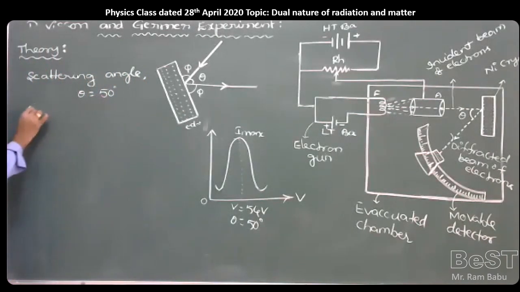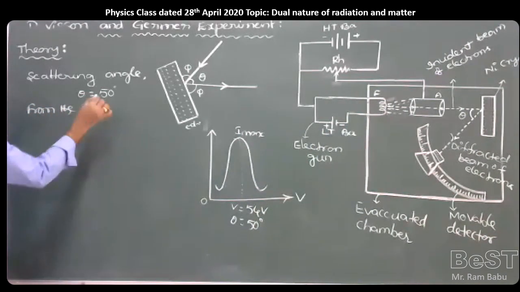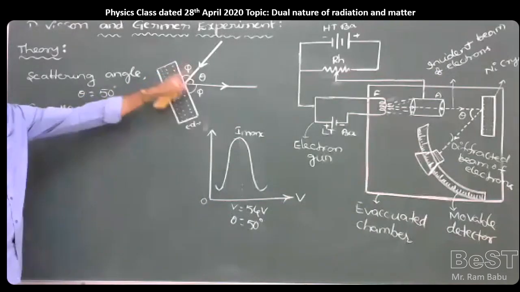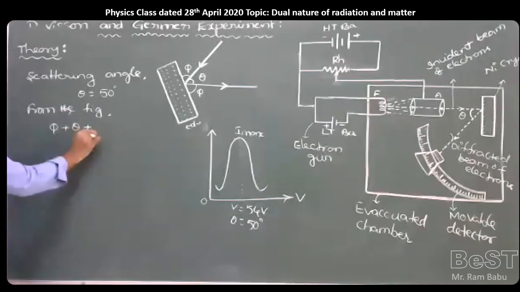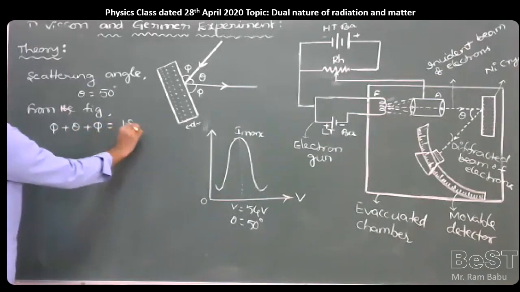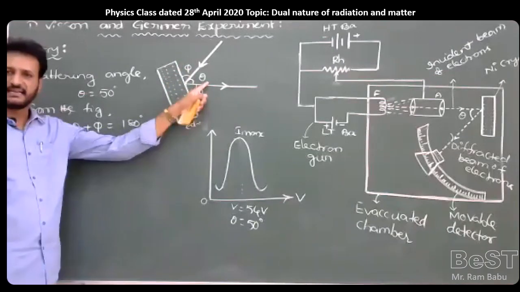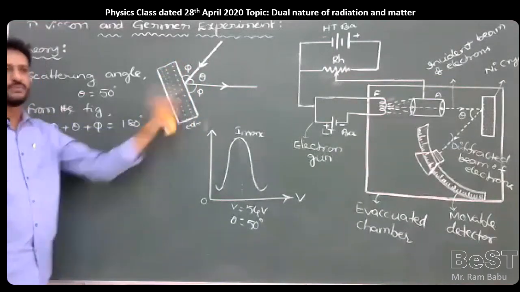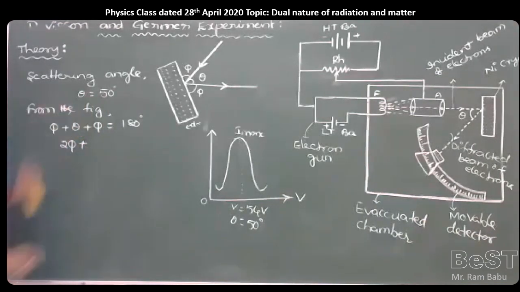From the figure, I'll find phi plus theta plus phi is equal to 180 degree. So phi plus phi is 2 phi plus theta, and the theta value we already know is 50 degree.